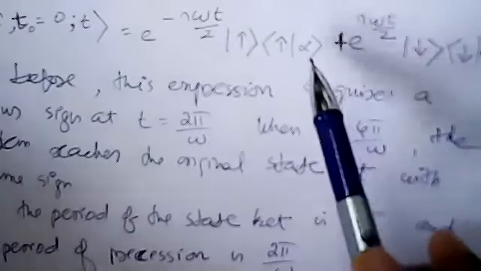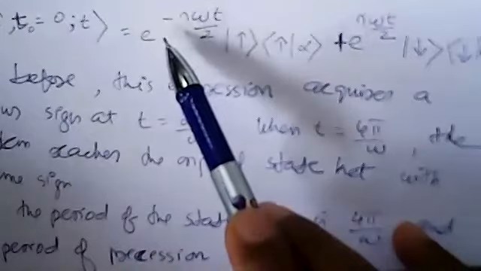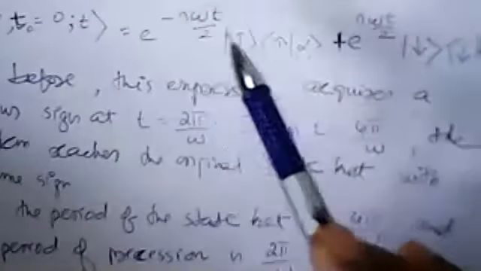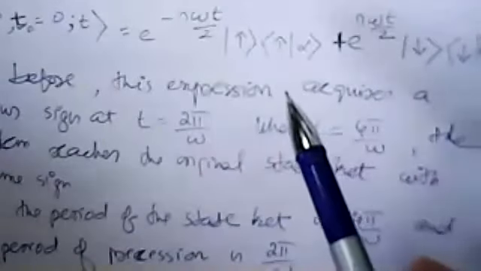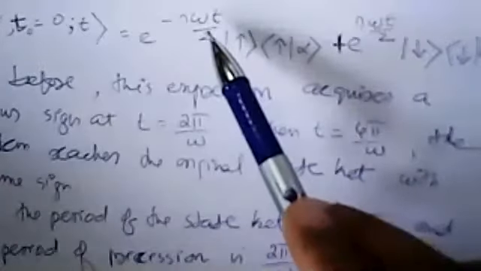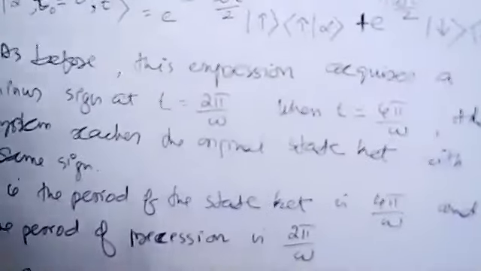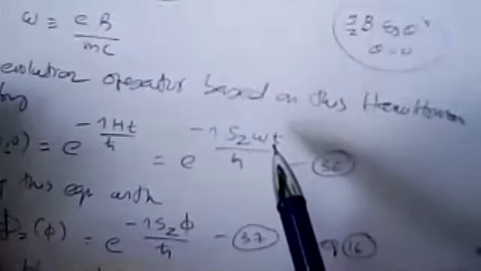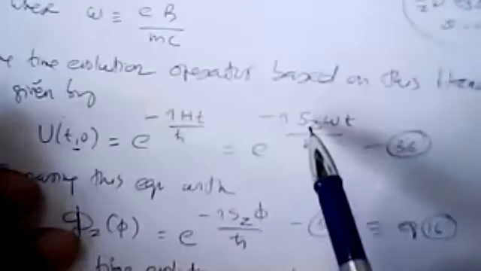This is general alpha multiplied by the completeness condition, then operated on by the operator e to the power of minus i H t by h cross, or e to the power of minus i Szz omega t by h cross.